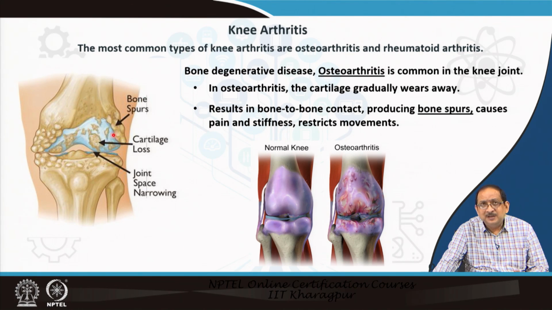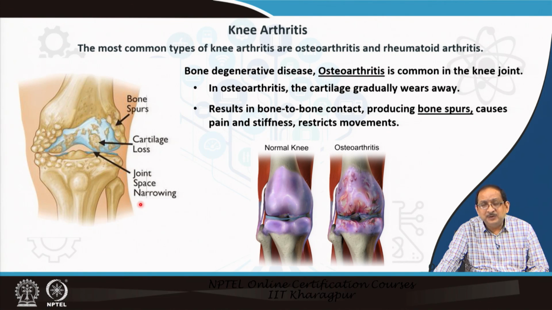As you can see, the cartilage in the knee joint is gradually worn away. A normal knee joint is shown in this figure, with a very smooth layer of cartilage, which is worn away, and it actually takes a spiky pattern and results in bone to bone contact producing bone spurs, and it finally causes a lot of pain and stiffness in the joint, and it restricts normal movements.